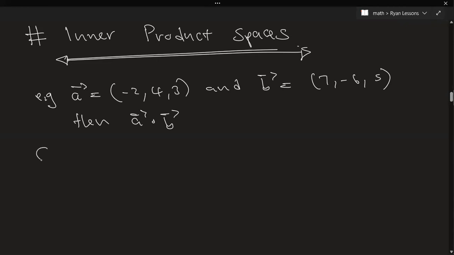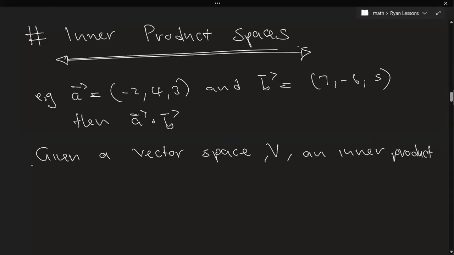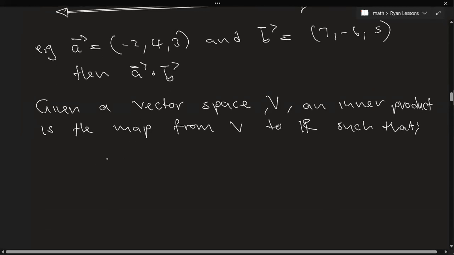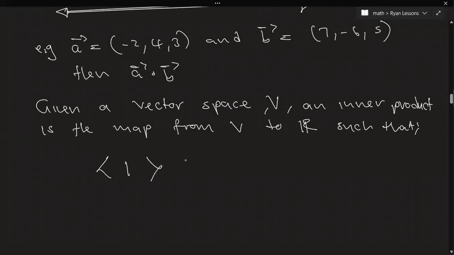Given a vector space V, an inner product is the map from V to R, which is defined as follows.